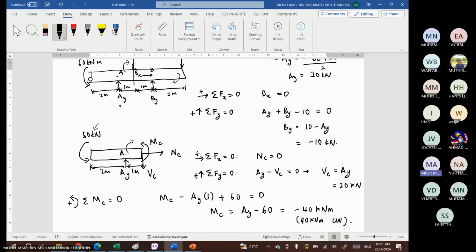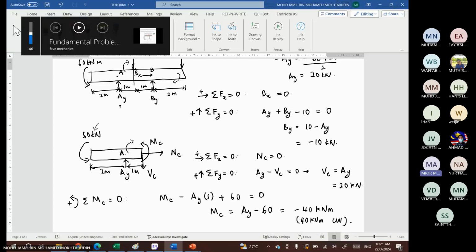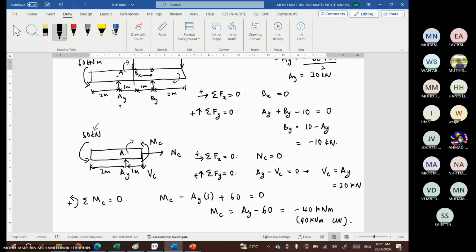Dia kalau negatif tu maksud dia clockwise ke doktor? Sorry, tak dengar sangat. Dia kalau negatif 40 kilonewton meter tu, dia kalau negatif dia jadi clockwise ke macam mana? Dia clockwise sebab in the free body diagram kita define dia counterclockwise.